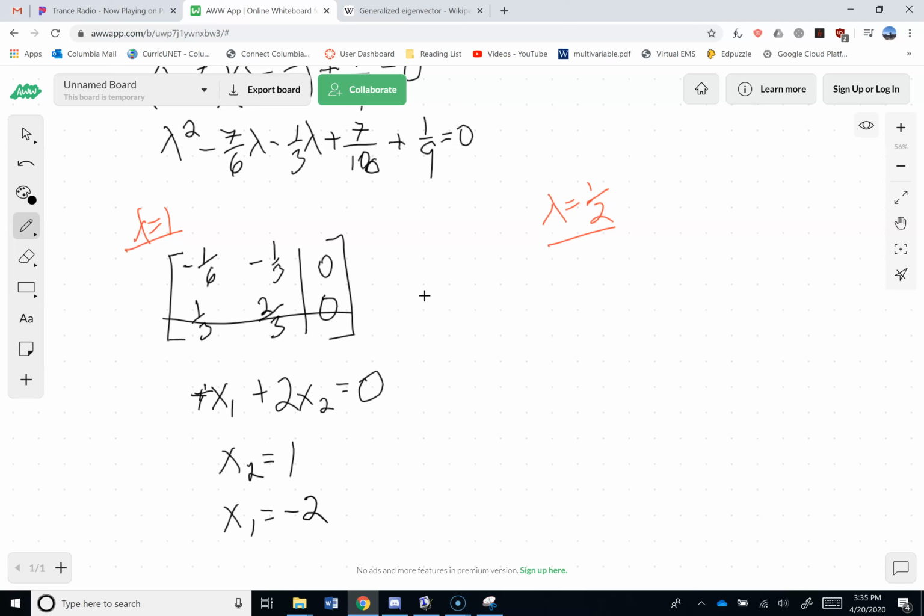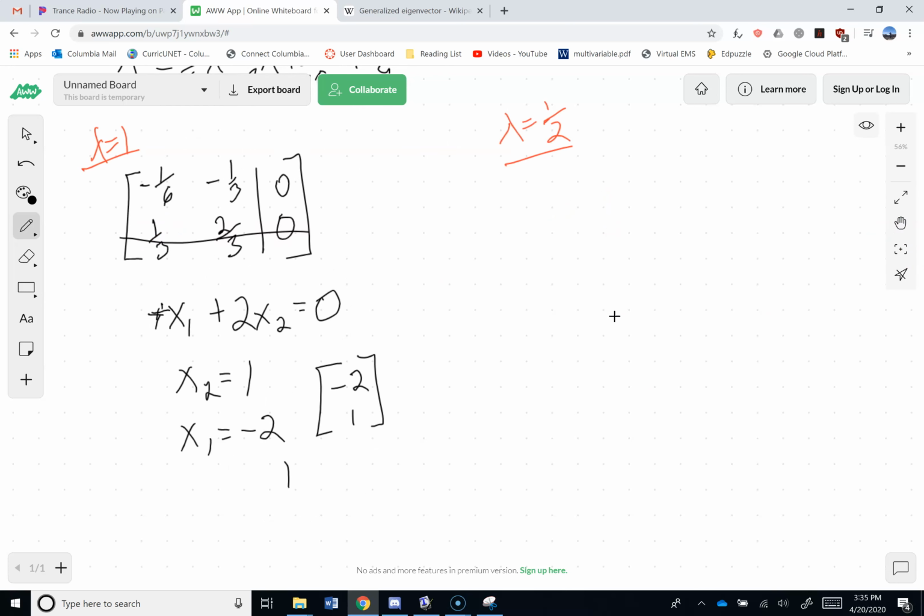Okay, so my vector is -2, comma 1. And so my eigenpair then is 1, comma, -2, 1. Okay, so that's one of my eigenpairs done.